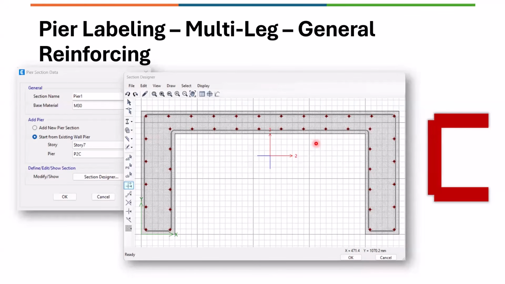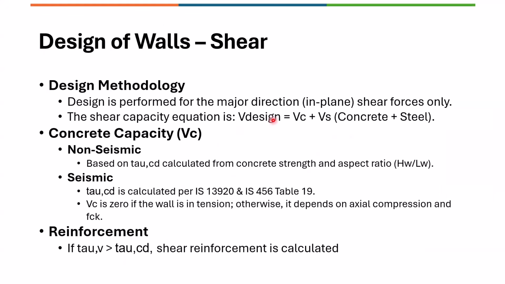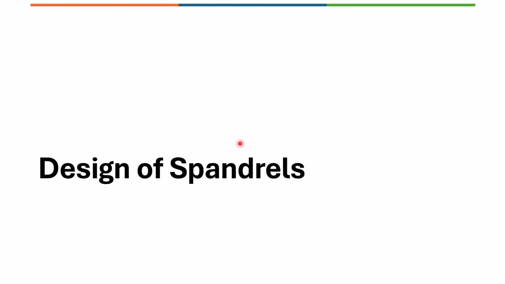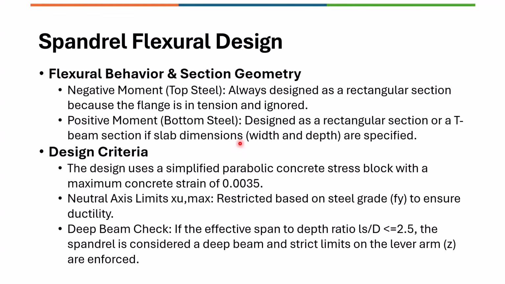That is the most recommended one when you're dealing with these multi-legged wall piers for the design. Okay. The shear design is also listed. This is the same thing which we discussed earlier, so I'll skip this. And then for this spandrel, as I mentioned, it is going to design only at the left and the right, and then the flexure.